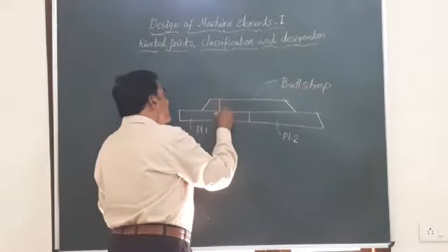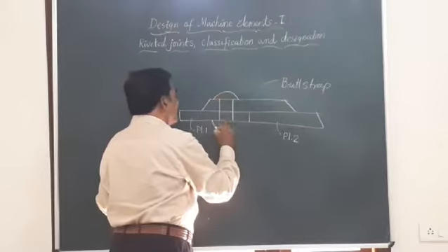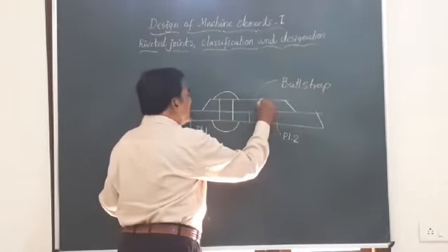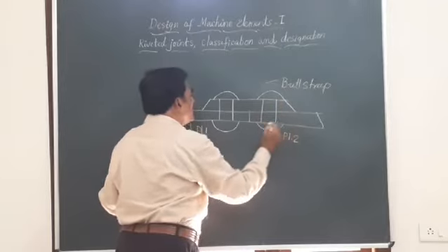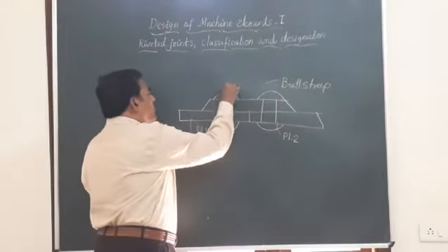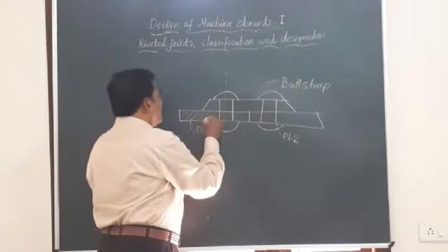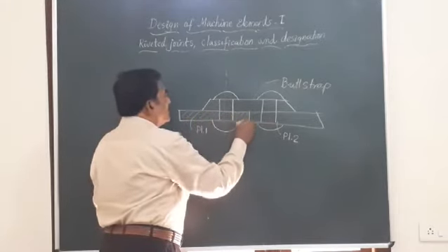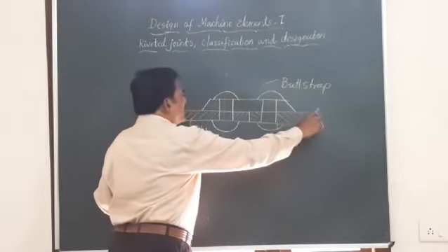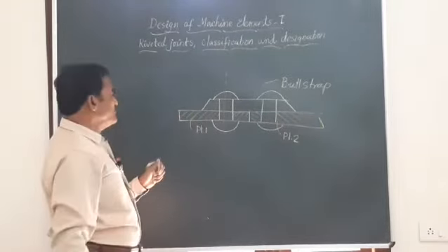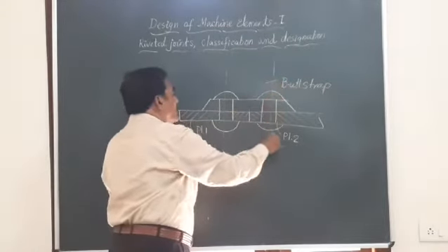And here, say, we are going to have number of rows of rivets. For example, in a butt joint like this, on each of the plates to be joined, there is only one row of rivet. That is, up to here, you have got one plate. This is the second plate. Friends, here you can just observe that there is only one line of rivet on each of the plates.